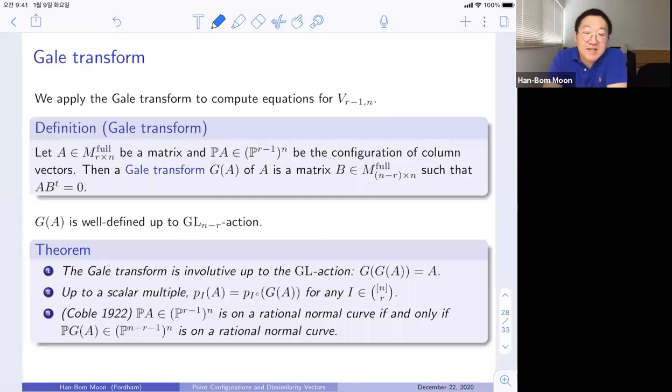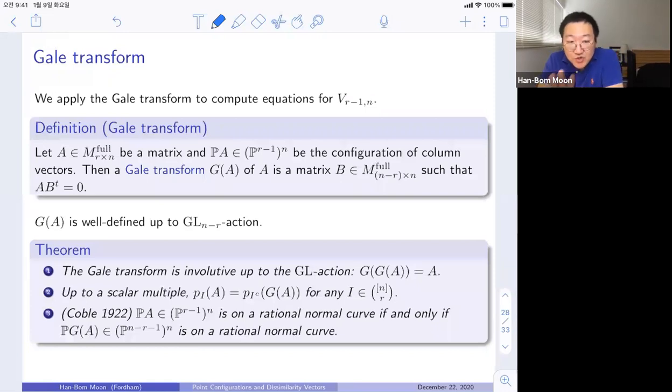Finally, this is a classical result of Coble in 1922: the original point configuration is on a rational normal curve if and only if the Gale transform is on a rational normal curve in a different projective space.